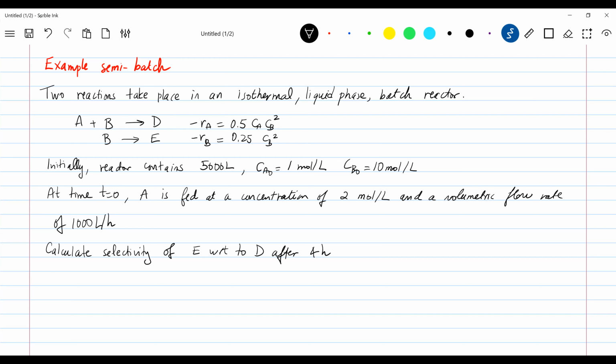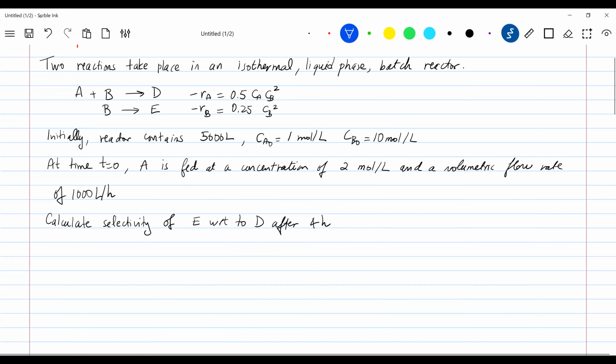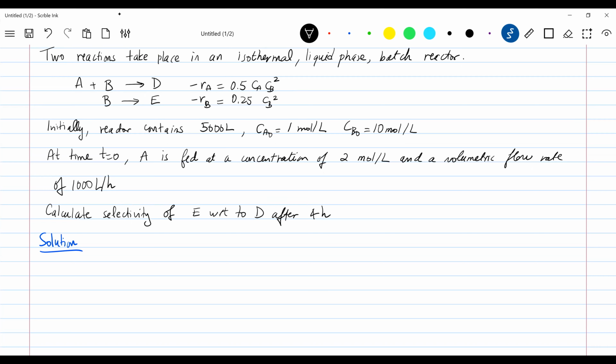So the way you go about this problem is we can in fact start with the mole balance as we usually do, but we'll do a mole balance on a semi-batch reactor, which we did before briefly, but we'll do it once again. So let's do a mole balance on A. We can do the same: in minus out plus generation equals accumulation.